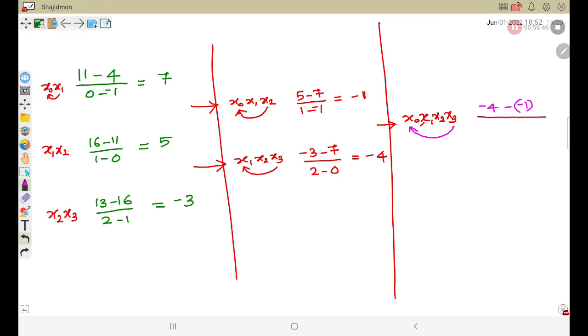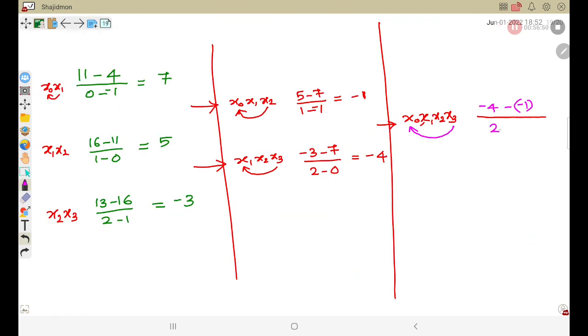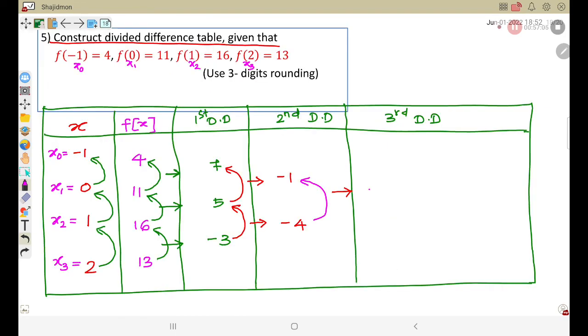What is x3? 2 minus minus 1. So you will get minus 1. The last number here is minus 1. So this is the divided difference table corresponding to this data.